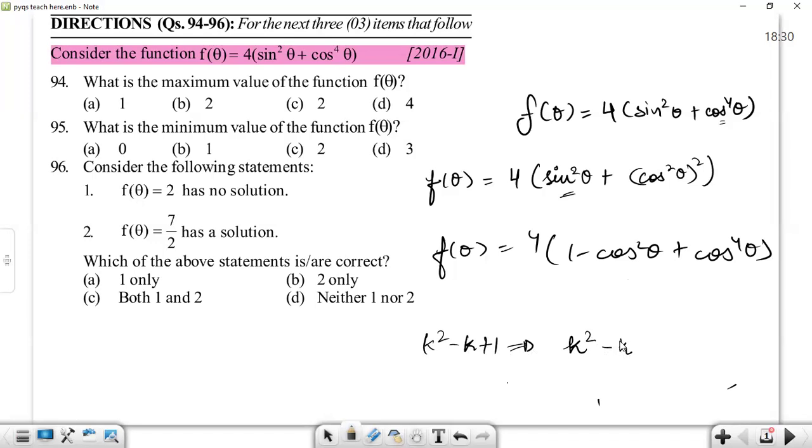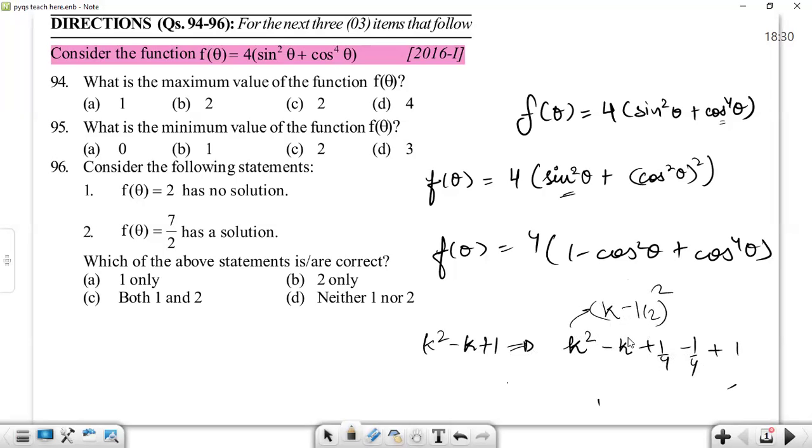Its coefficient half square, plus 1 by 4 minus 1 by 4, and 1 is already there. So this can be written as (k minus half) whole square plus 3 by 4.